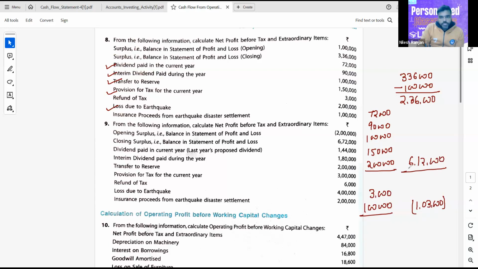So 6 to 8, 8 lakh 48,000 minus 1 lakh 3,000, so 7 lakh 45,000. So this is your profit or loss before tax and extraordinary items.